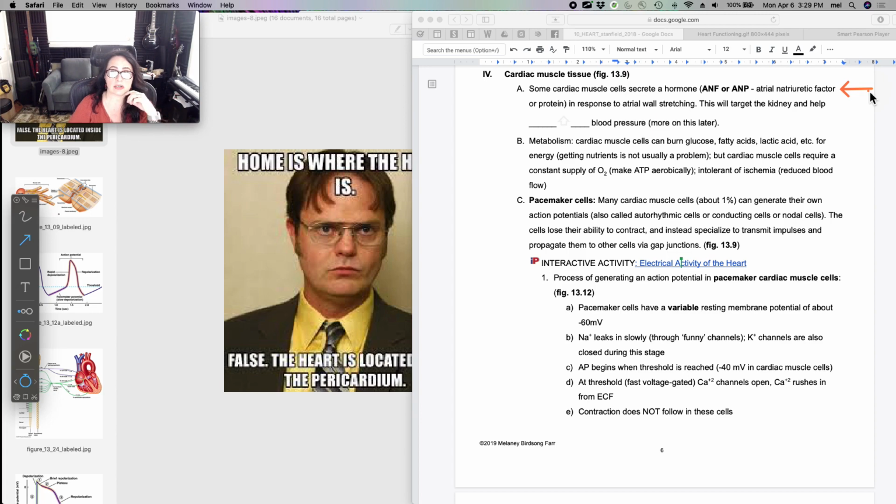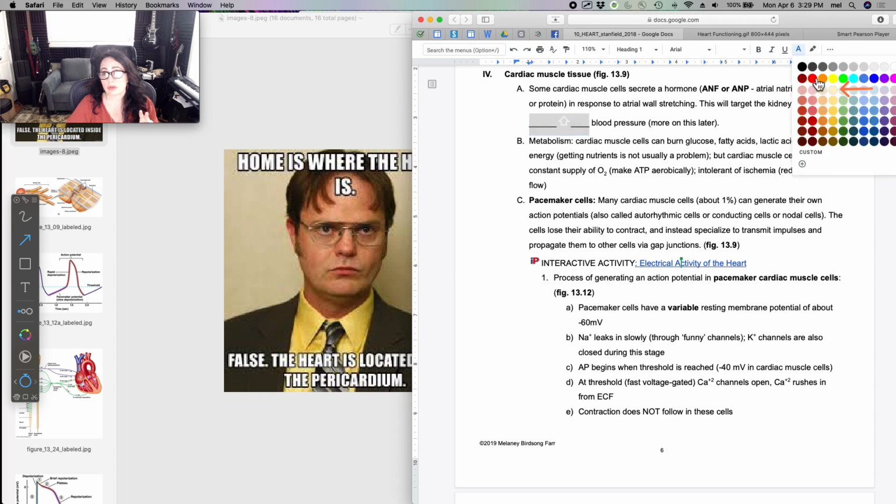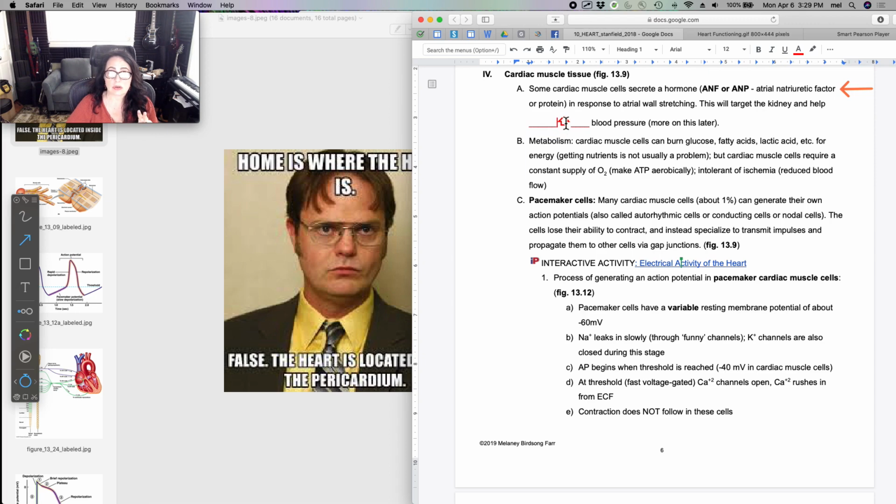Do you think that it should target the kidney to increase or decrease blood pressure if it is released as a response to prolonged atrial wall stretching, just based on what you know before? And of course, natriuretic implies sodium in urine. So what it's really going to do, guys, is help decrease blood pressure.